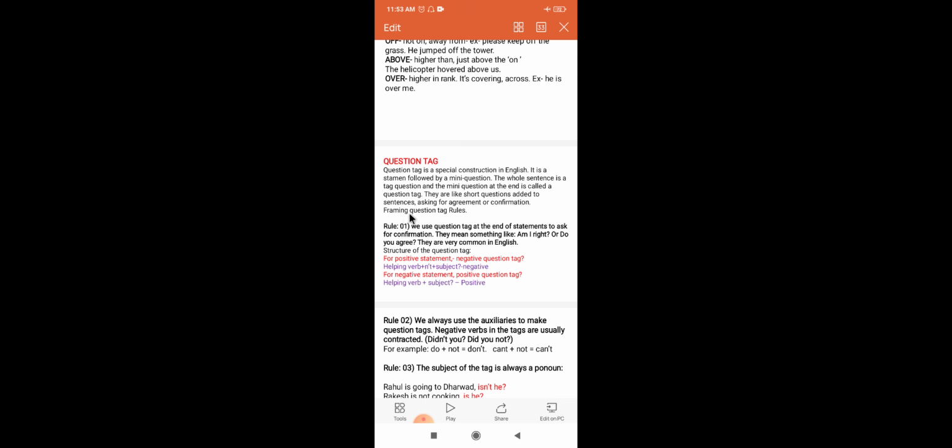The first one is framing the question tag rules. Rule 1, we use a question tag at the end of statements to ask for confirmation. They mean something like, am I right? Or do you agree? They are very common in English. Structure of the question tag. For a positive statement, a negative question tag. So when there is a positive sentence, you have to make a negative tag: helping verb plus not plus subject.